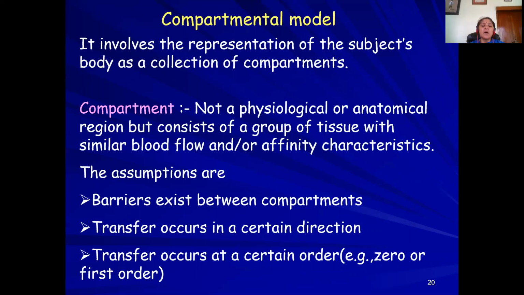The assumptions are: barriers exist between the compartments, transfer occurs in a certain direction, and transfer occurs at a certain rate. That is, it could be zero order or first order, but elimination always follows first order kinetics.